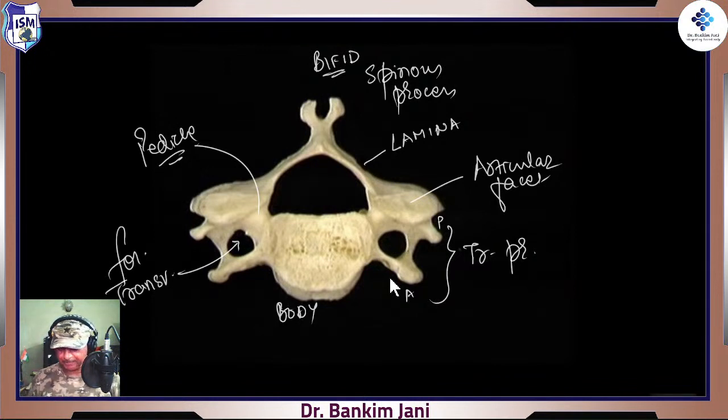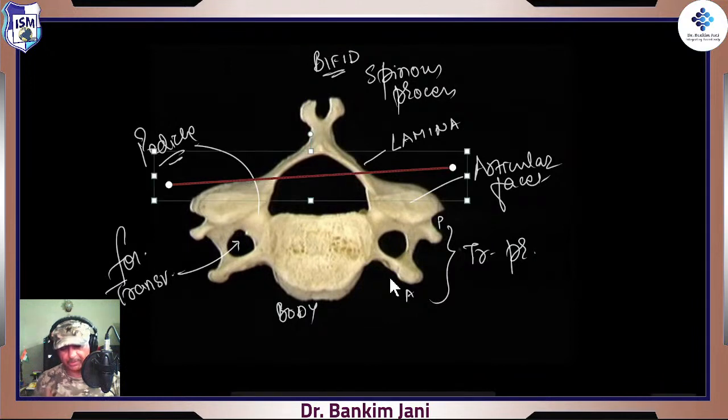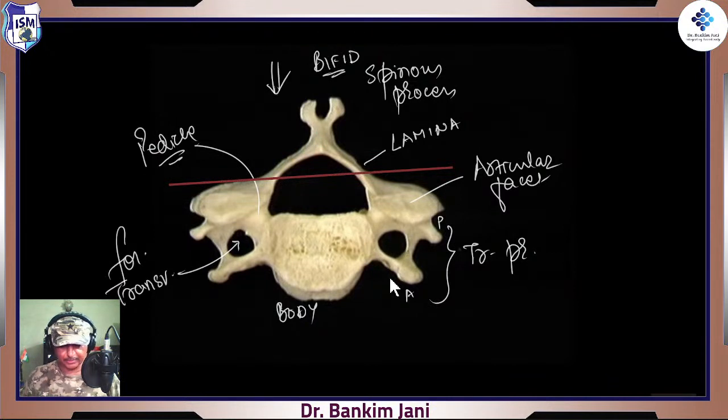Now see, I just drifted. I'll be telling you at times, okay, let's put a section, let's cut the whole thing. So if we are cutting from here, what would happen if we watch from the posterior side? This is anterior.